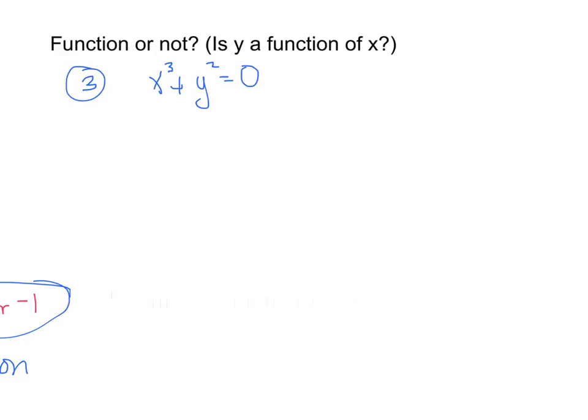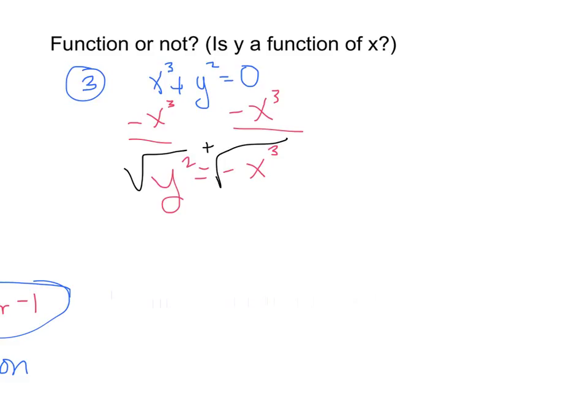Okay, hopefully you've pondered that for just a moment. So here's the idea. If we were to try and solve this equation for y, we would start by subtracting x cubed from each side. So we would have y squared is equal to negative x cubed. And to get y alone, we would take a square root. And don't forget, we'd take a positive and negative square root.